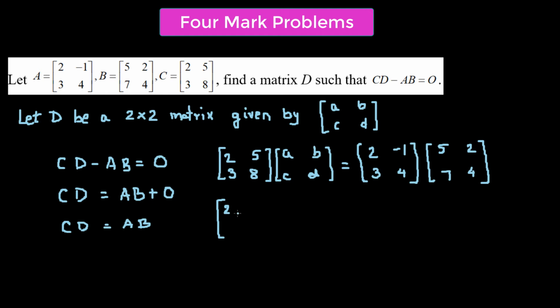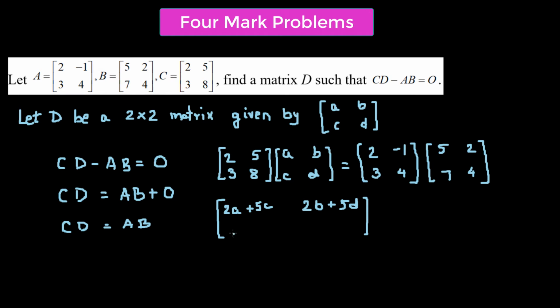So the first element will be 2a plus 5c. We have taken the first row and multiplied it by the first column. For the second element, we get 2b plus 5d. So we have taken the first row and multiplied it by the second column.